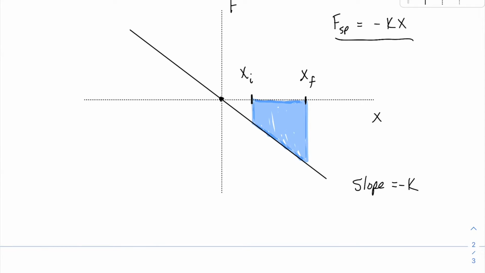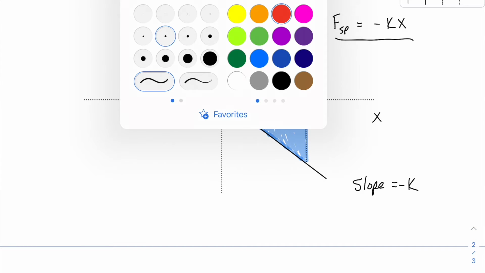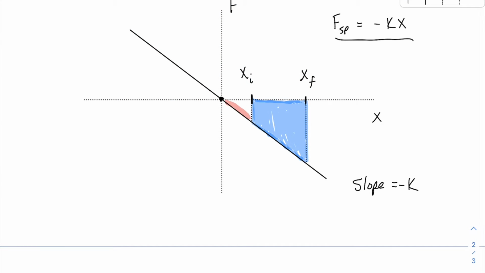So we're looking for that area, and to get that area, what you can see is we have a large triangle going from 0 to x final, and then we have this smaller triangle going from 0 to x initial. And so to get that area, what we can do is find the area of the big triangle and subtract the area of the small triangle, where the small triangle is right here. And that'll give us the area that we actually want to get work.